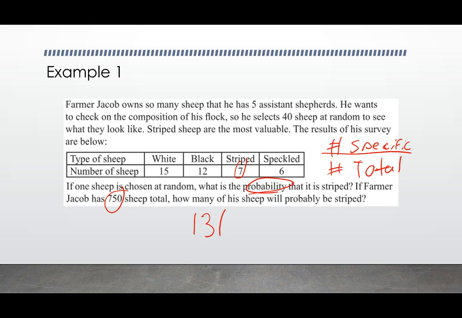You're always going to do that for your probability: the number that you're asked for divided by the number in total. So that's what we did. We took the 7 that we were asked for, because that's what we were asked for, striped, and then we divided by the total, which was 40, and that gave us the probability.